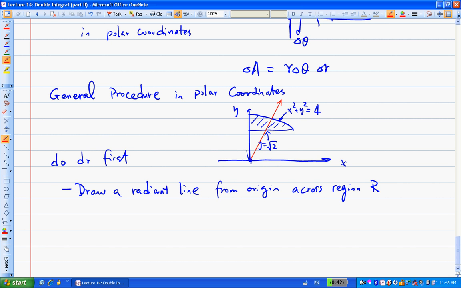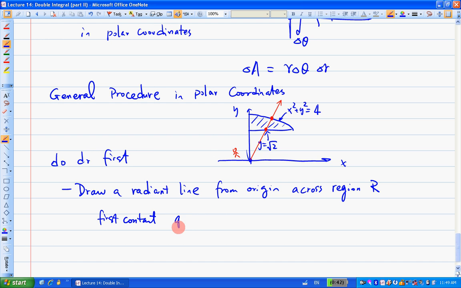When you do that, inevitably you will have certain contact points between that reading line and the region R. You can think of a guy walking from the origin outwards, and you have a first contact point and a second contact point.